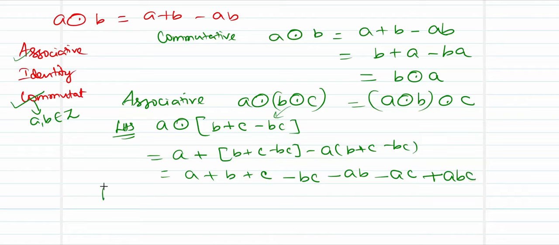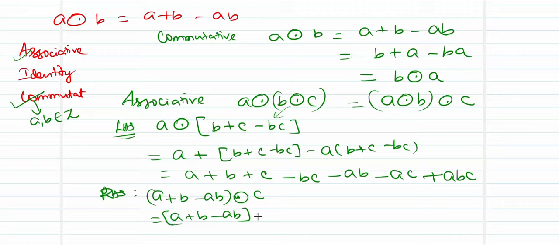Now let me do the RHS. First I apply A dot circle B, which is going to be A plus B minus AB, and to this I do the dot circle with C. So this is the first element, and then addition of the second element, minus first element product the second element.